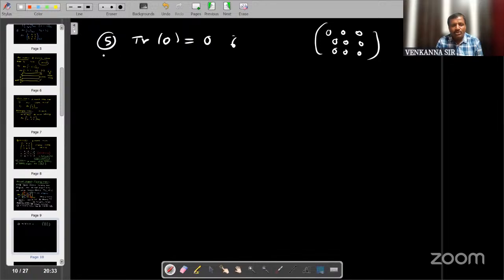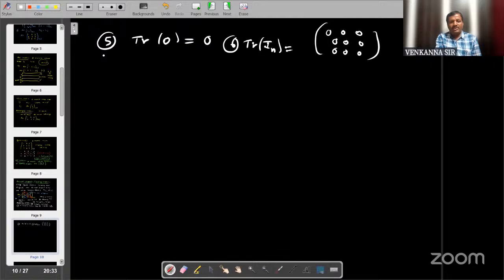Next, sixth property, trace of unit matrix of order n. Can anybody guess what is the trace of a unit matrix of order n?